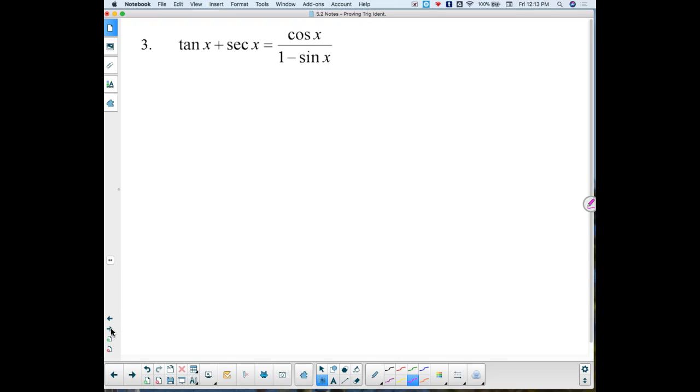Yeah. All right. Tangent plus secant, or cosine over 1 minus sine, or 1 minus sine over 1 minus sine. Which side do you think looks more complicated? Which one? Right side? Left side? Left side? All right, let's work left side. So tangent is sine over cosine.